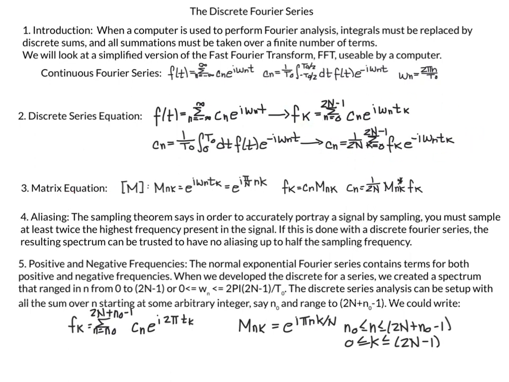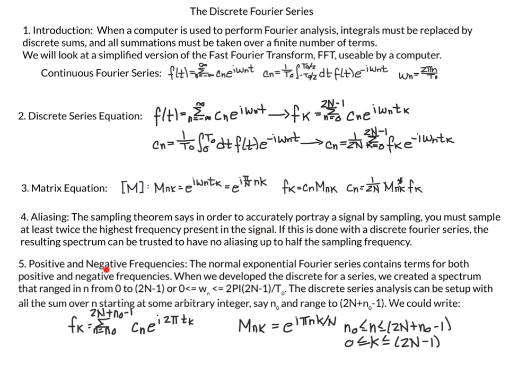We also converted this to a matrix form, which is also easier to do by computer. And then we talked about aliasing, and we said the sampling theorem says in order to accurately portray a signal by sampling, you must sample at least twice the highest frequency present in the signal.